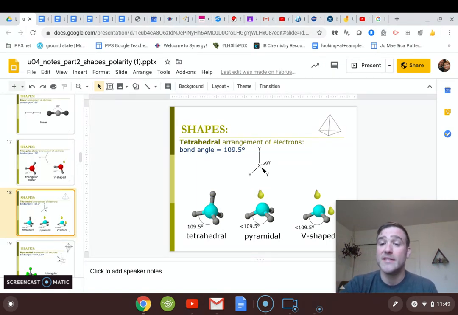So back to the tetrahedral shape. If all 4 regions of the central atom are bonds, not lone pairs at all, then it is a strictly tetrahedral molecule, and all of those angles are the same, and they end up being 109.5 degrees. This is not 360 degrees divided by 4, because of the way that the tetrahedron works, it's not a complete circle.